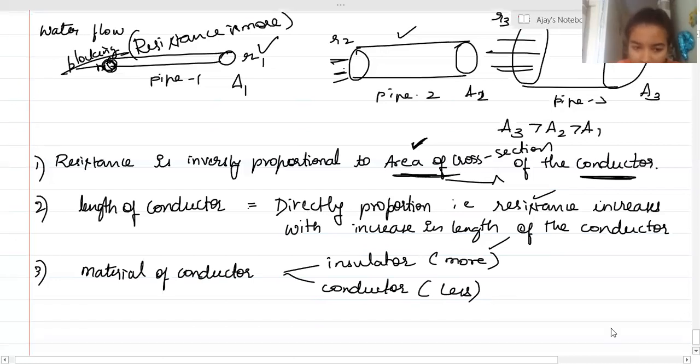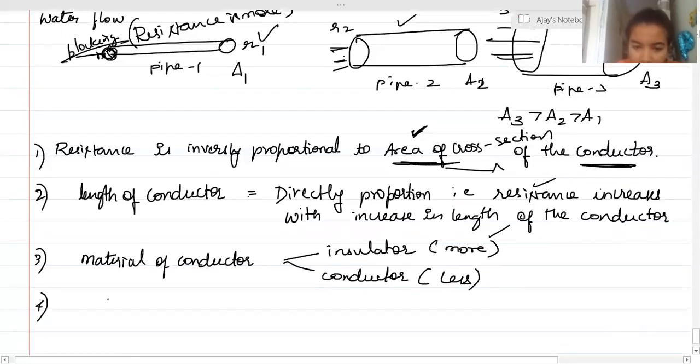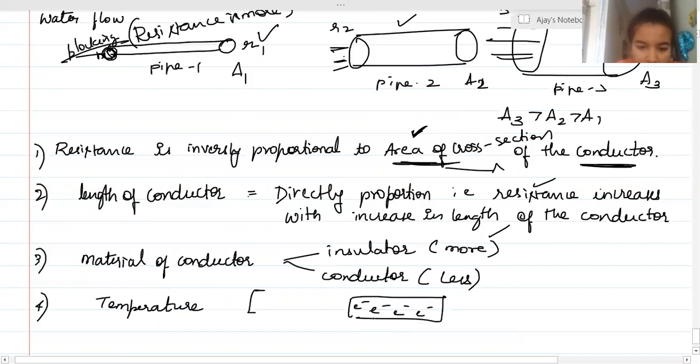And the fourth one, it depends upon temperature. For example, electrons are moving in a conductor. I increase the temperature. Due to thermal kinetic energy, when I increase the temperature, degree of hotness will increase.